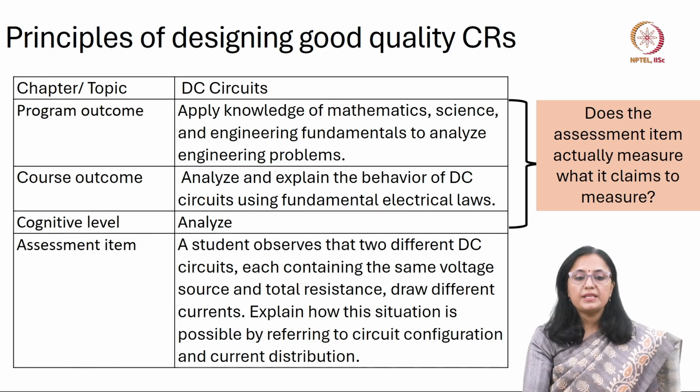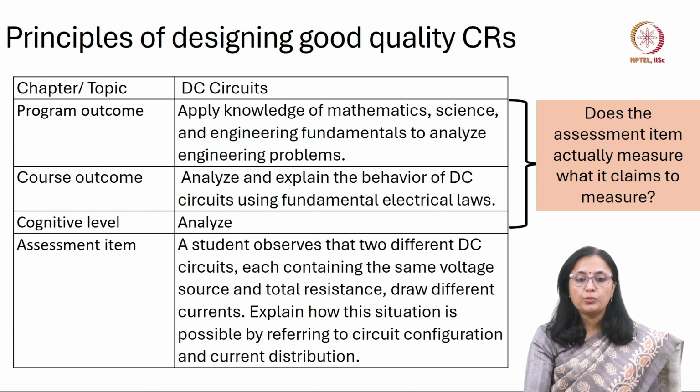From this item, it is very clear that the assessment item is valid, because both the cognitive abilities in the course outcome, analyzing and explaining, are getting assessed in the assessment item.